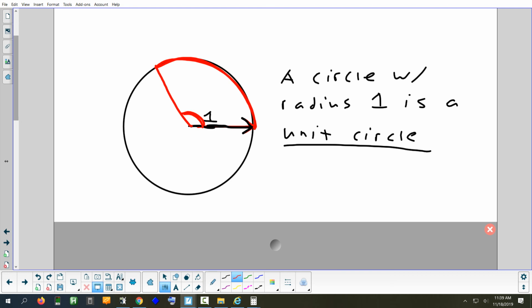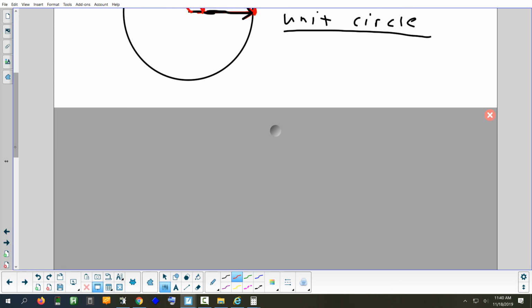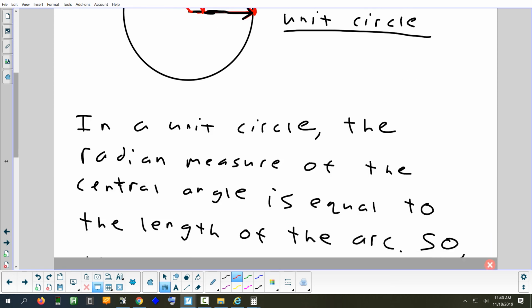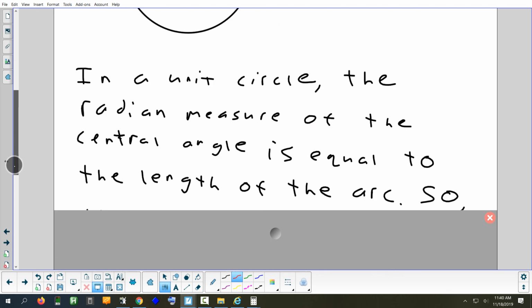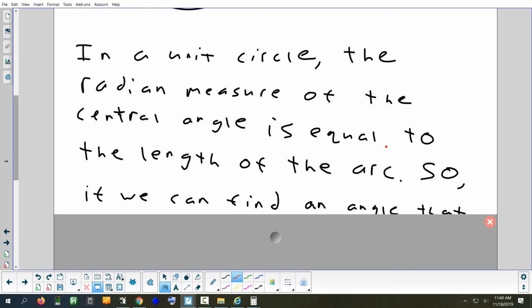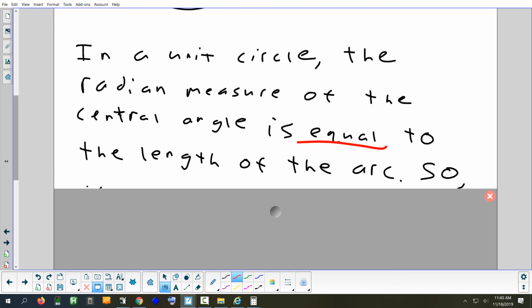But if you draw a unit circle, a circle with a radius of 1, and you measure the angle with a protractor in radians, and then you take a piece of string and measure the length of the arc, they will come out exactly the same. That only happens on a unit circle. So again, if you measure the length of the arc with a piece of string, and then you measure the angle with a protractor, the two numbers you get would be exactly the same.